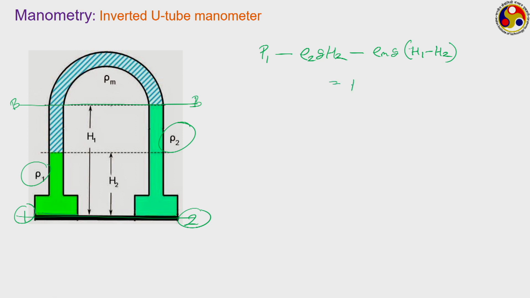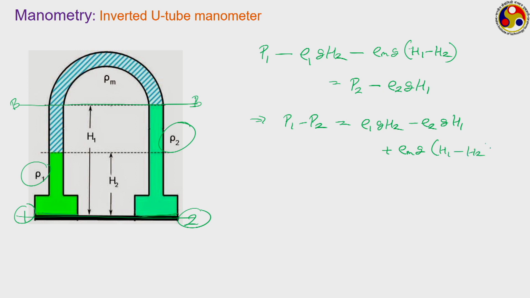What about the right-hand side? P2 is the pressure at this particular location, minus there is a column of height H1 of liquid of density rho 2, so rho 2 g H1. So P1 minus P2 will be, sorry, rho 1 g H2 minus rho 2 g H1 plus rho m g (H1 minus H2), and we can separate it into two components.